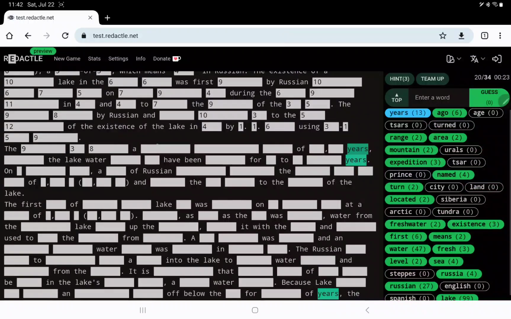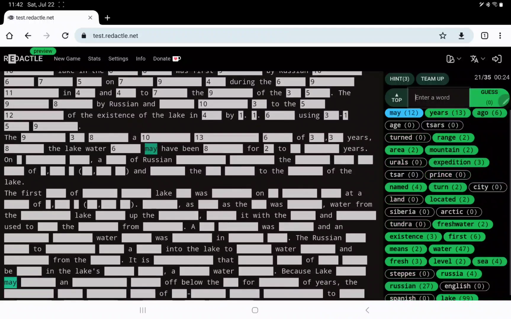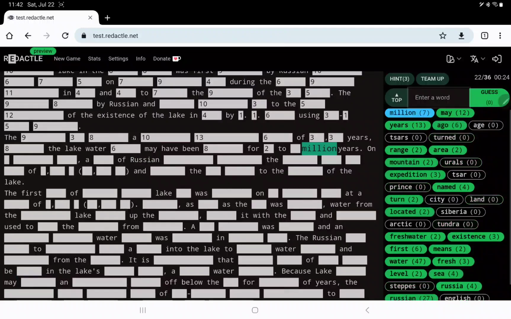Okay. The 9-3, 8 of so many hundred thousands of years. Something the lake water 6 may have been blank for so many million years on some date, a blank of Russian blank.